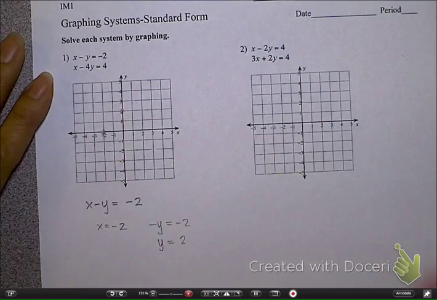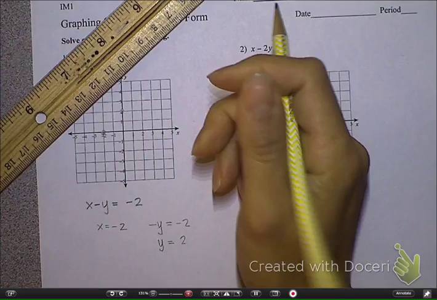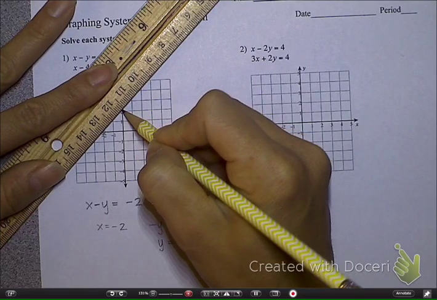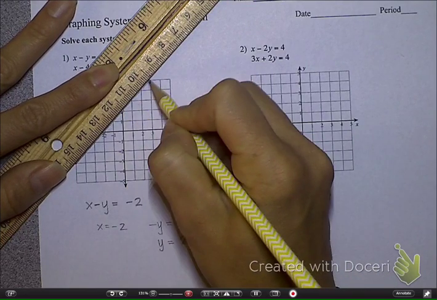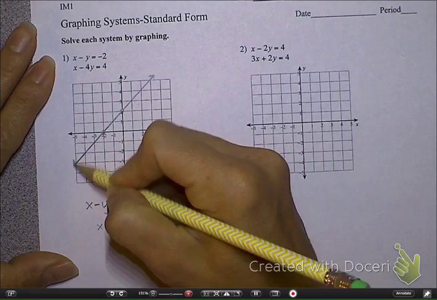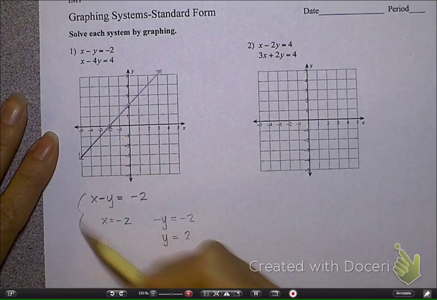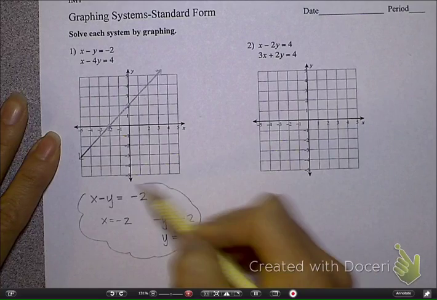Then I can use a ruler to connect my two dots with a line. So there's my first line, equation number 1 done.